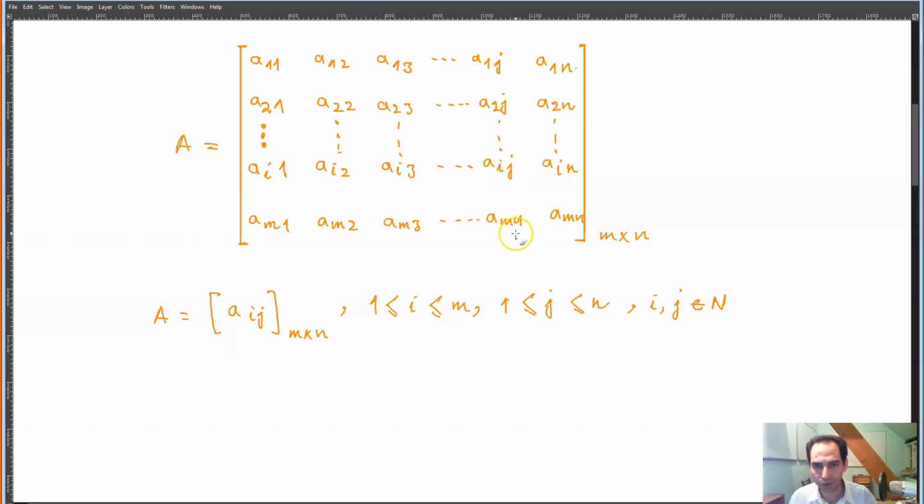Actually, this is supposed to be A of mj. So here the row is m and the column is j, so A of mj.